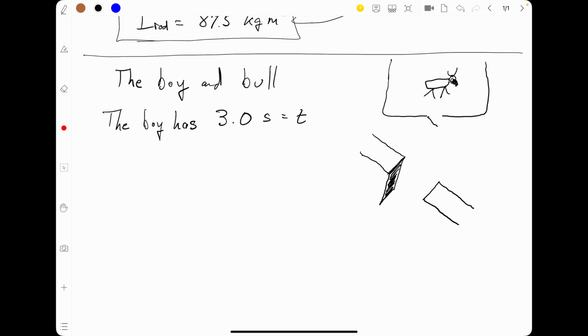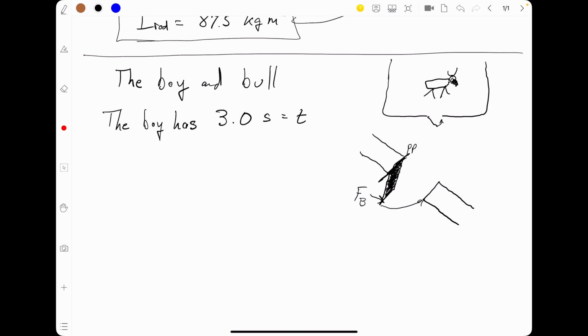The boy applies a force on the edge of the gate, because he's using his mechanical advantage as much as possible. The pivot point is here, so our axis of rotation is there, and we're going to swing this thing closed like that.